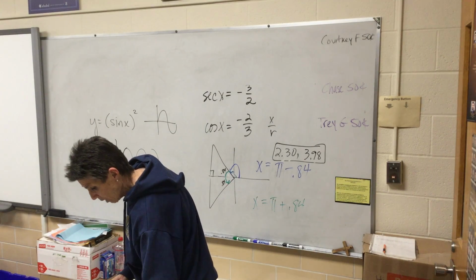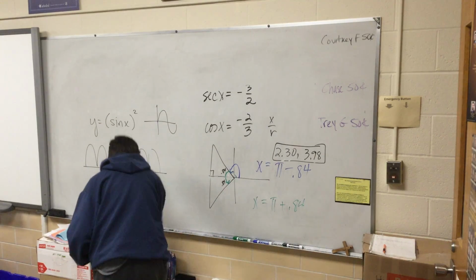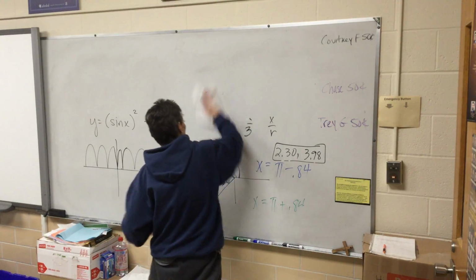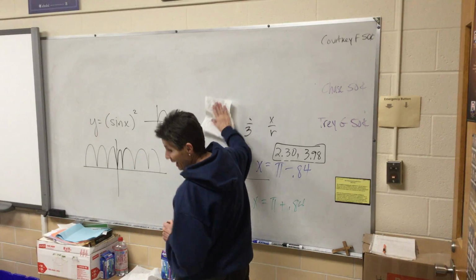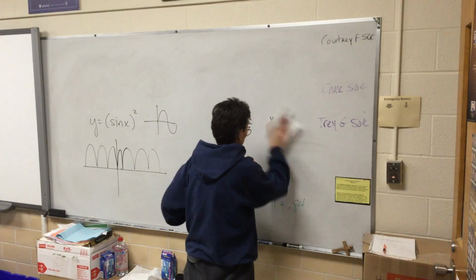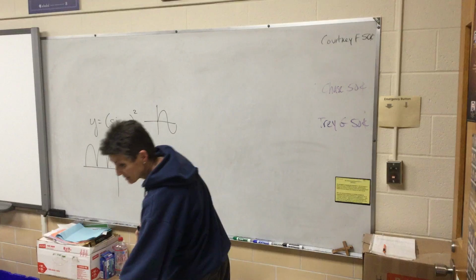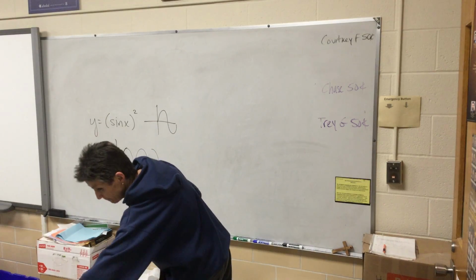All right, now we're going to go on to the second one, which is a combination of a parabola and a sine function. So I'm probably going to have to make a slight window change there.